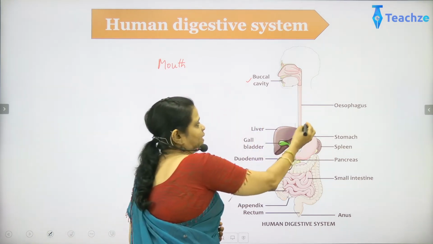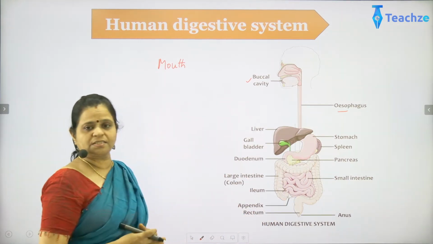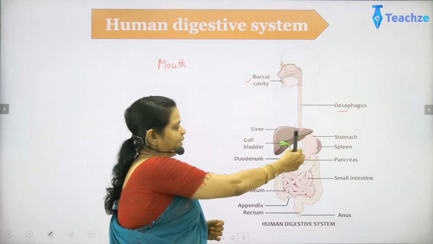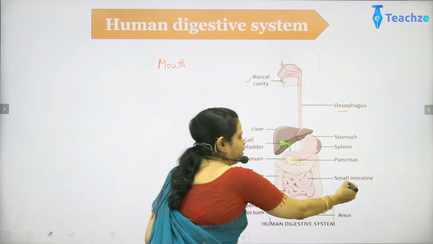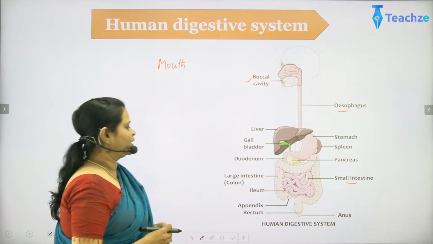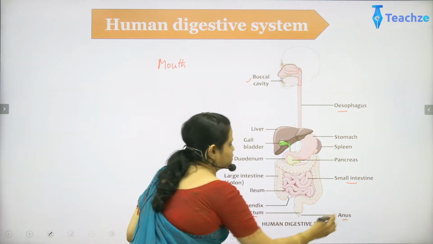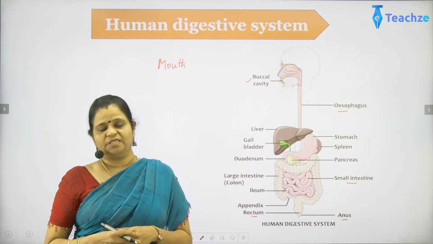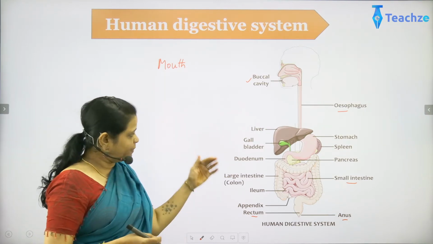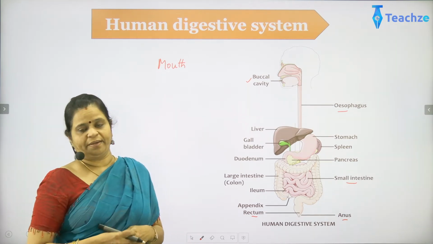The buccal cavity enters into the esophagus, and the esophagus enters into the stomach, and the stomach to the small intestine, and then we have the large intestine, rectum and anus. We are just looking at the parts of this digestive system. In between we have other parts also, but we will take them up one by one.